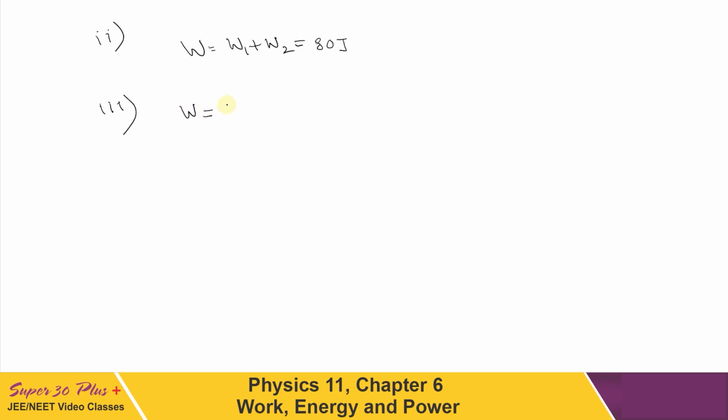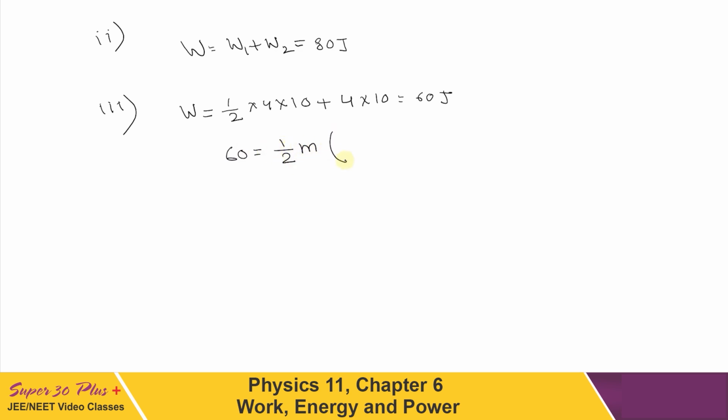As already calculated, first is the triangle, half into 4 into 10, plus the rectangle 4 into 10, which is equal to 60 joule. So this should be the change in kinetic energy. Now this can be written as 60 is equal to half mv square.